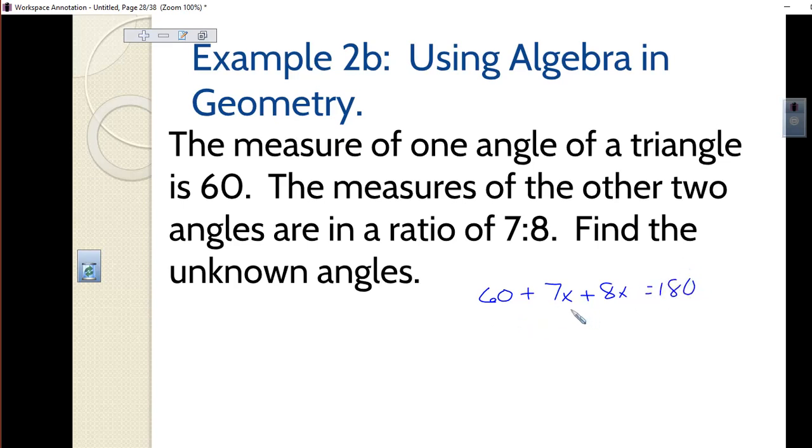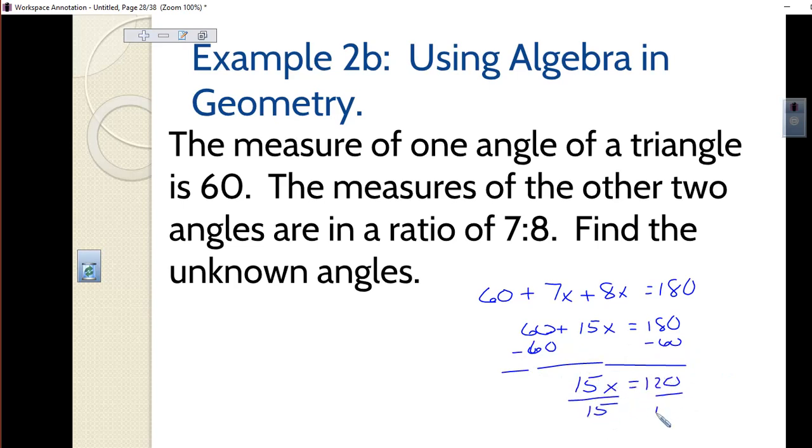So now we work it like a normal algebra problem. We have 60 plus 15x. Subtract 60. 15x is equal to 120, and divide 15 into 120. That gives us x is equal to 8.